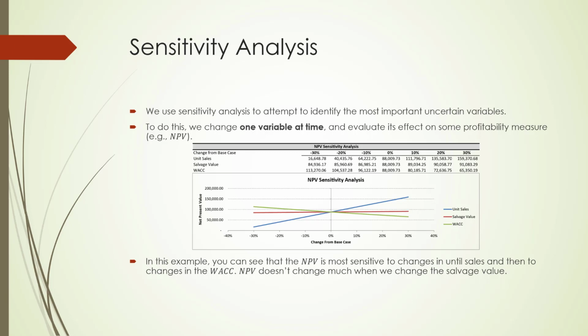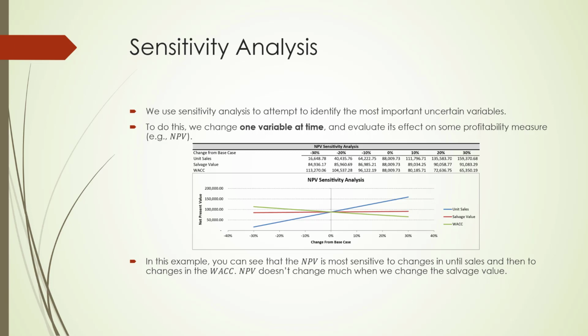But if you look at salvage value, if we drop that by 10%, it hardly has any impact at all on the NPV. So it turns out that salvage value is not very important, as you might expect, because it's out there 4 years in the future. And then weighted average cost of capital is somewhere in between, right?